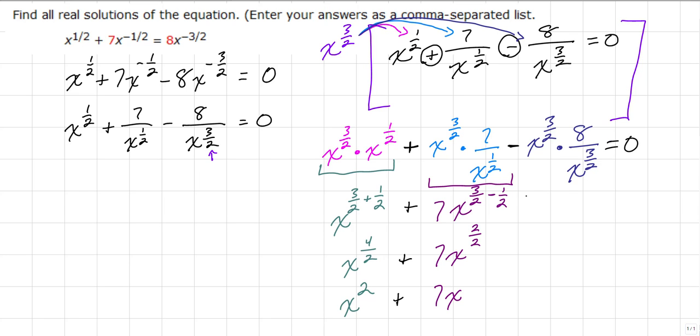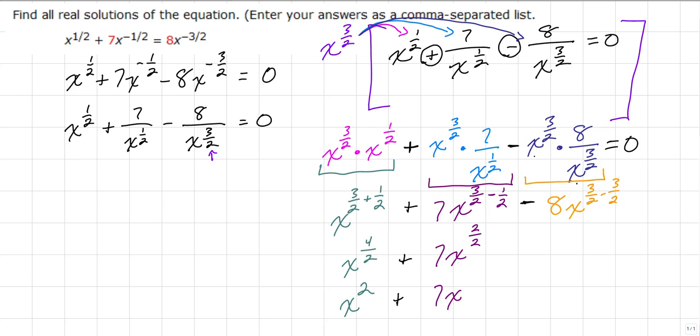Then we'll have a subtraction here. And once again, we're going to do a subtraction of the exponents. Like bases, I subtract the exponents if one is in the numerator, one's in the denominator. And so this simply becomes 8 times x to the 3/2 power minus 3/2 power.